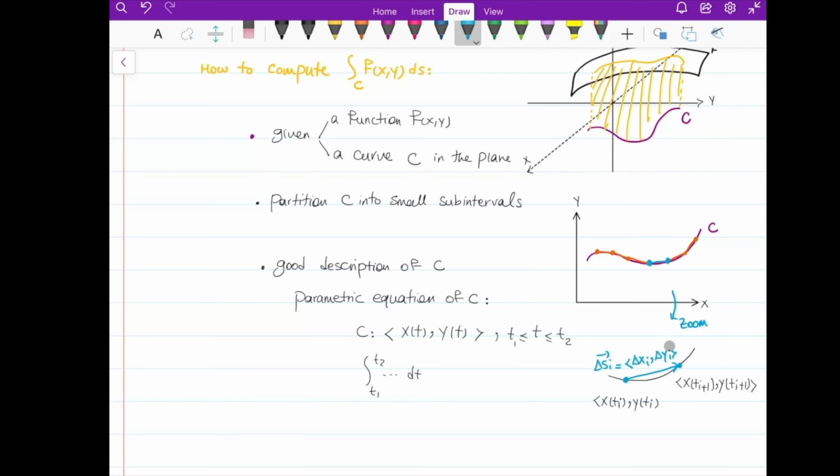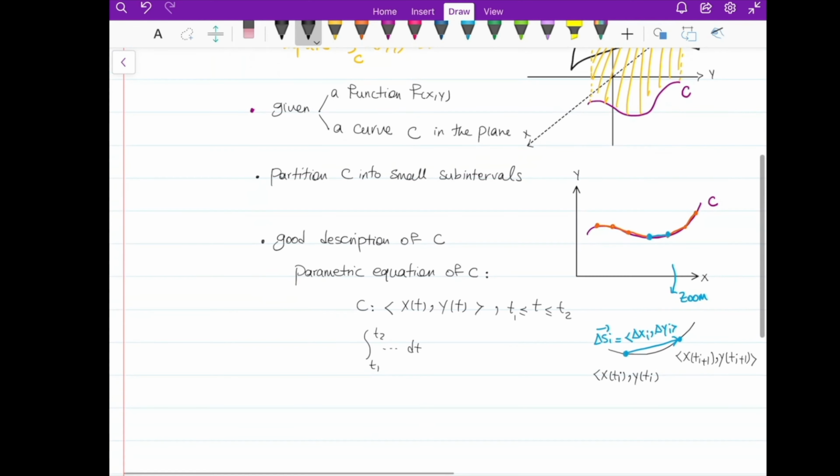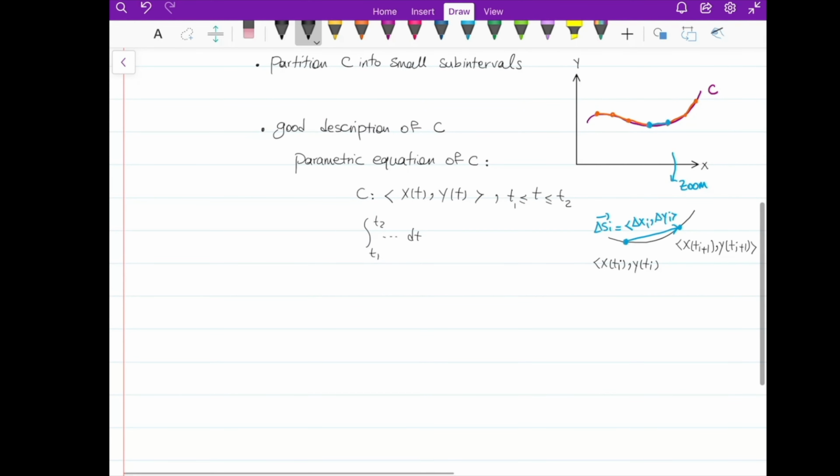So let me write this somewhere. The length of delta si would be the square root of delta xi squared plus delta yi squared. If you remember, this is the formula for speed, right?